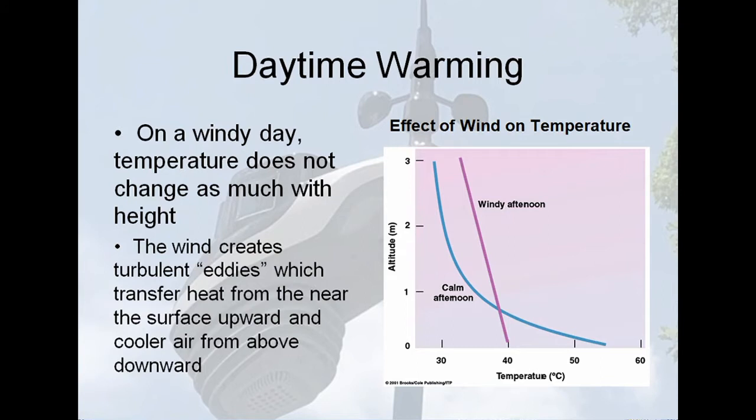On a windy day, temperature does not change as much with height. Pretty much the wind is just mixing the air all together, so the temperature stays pretty steady with height at that point. The wind creates turbulent eddies, which transfer heat from near the surface upward and cool air from above.